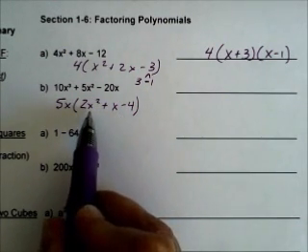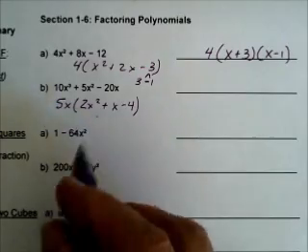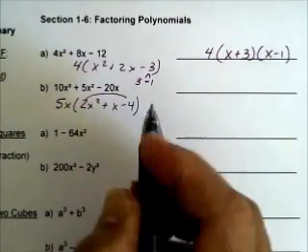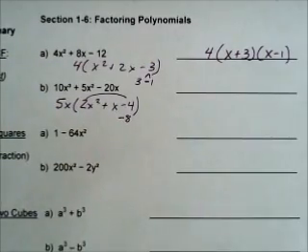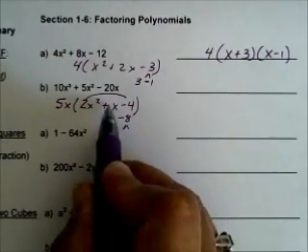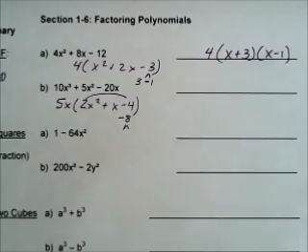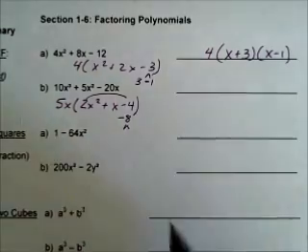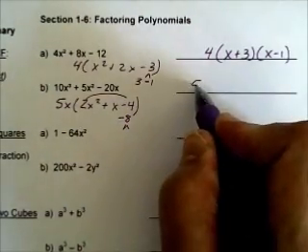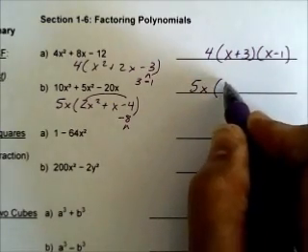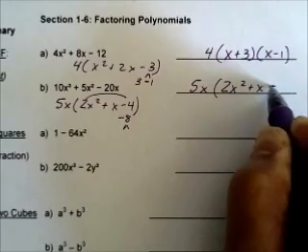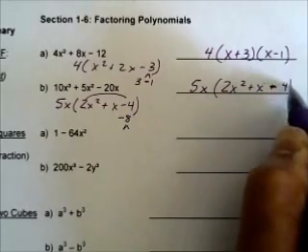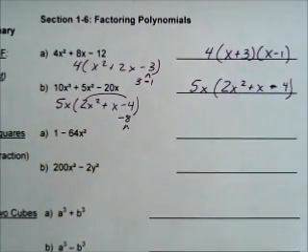We check: the lead coefficient is not 1, it's 2, so we multiply 2 times -4 and get -8. Are there factors of -8 that add to the coefficient of x, which is 1? No. So this has just the greatest common factor, and the trinomial is not factorable further.